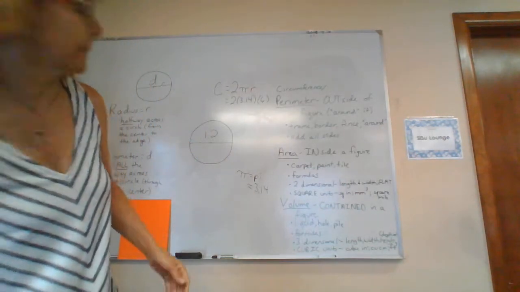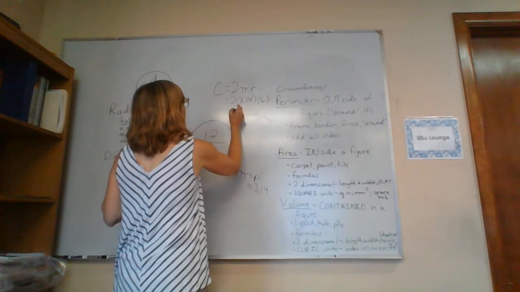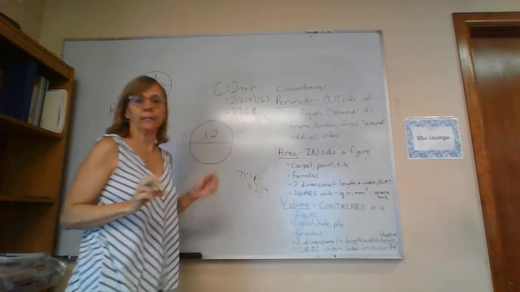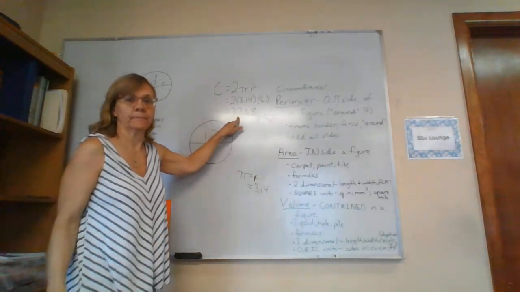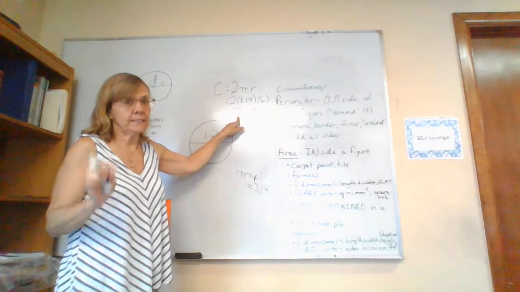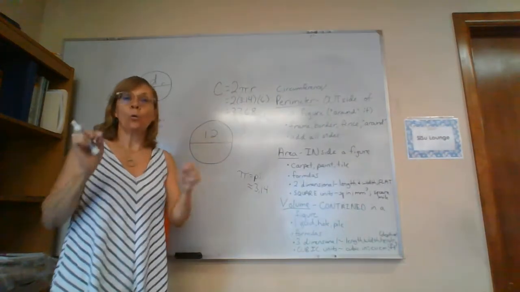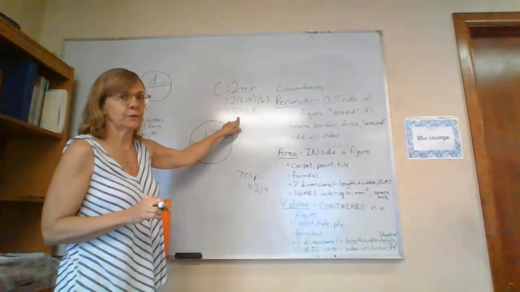So the circumference of this circle is 37.68. Try that on your calculator right now while you're looking at it. 37.68. Now, what you see a lot of times on the test is they'll say, what is the circumference of the circle rounded to the nearest tenth? So let's round this to the nearest tenth.